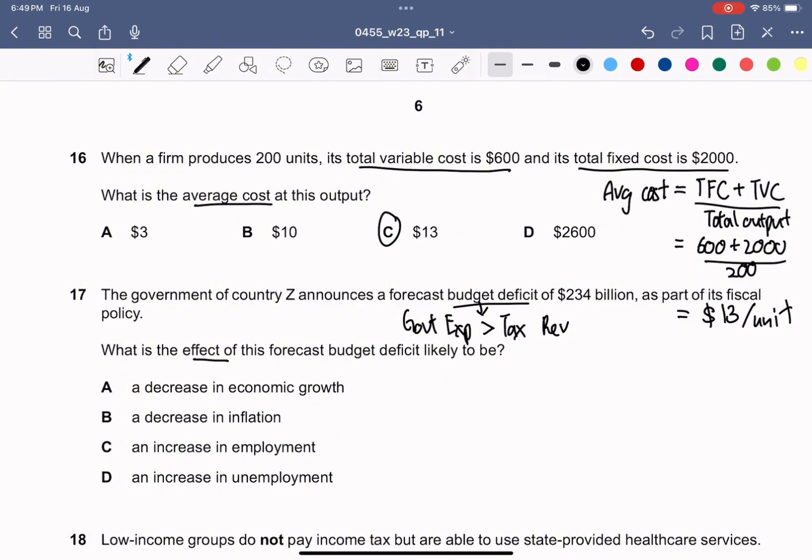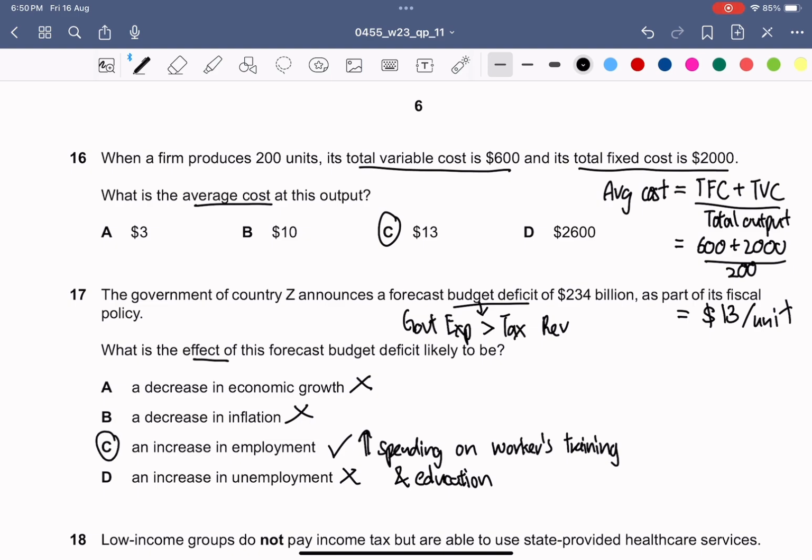This means that the government spends more than it earns. A, a decrease in economic growth, no. B, a decrease in inflation, no. C, an increase in employment, yes, because the government increases spending on workers' training or education, so this increases the productivity of the labor market and therefore increases employment. D, an increase in unemployment, wrong. So the answer is C.